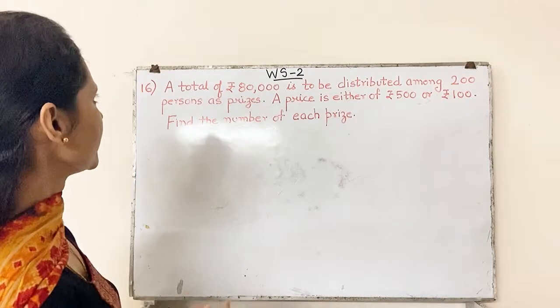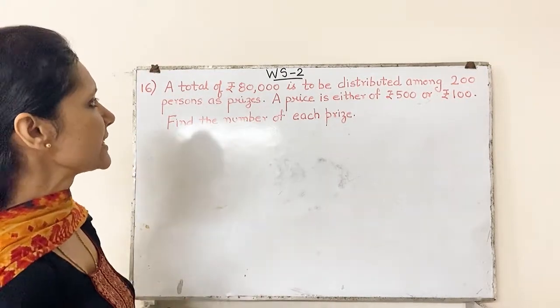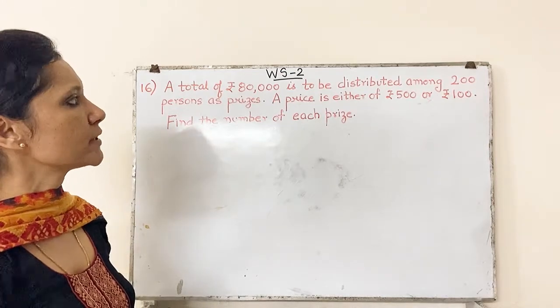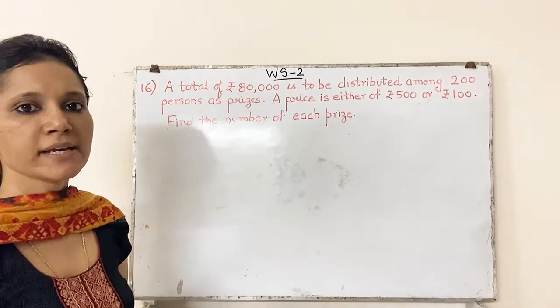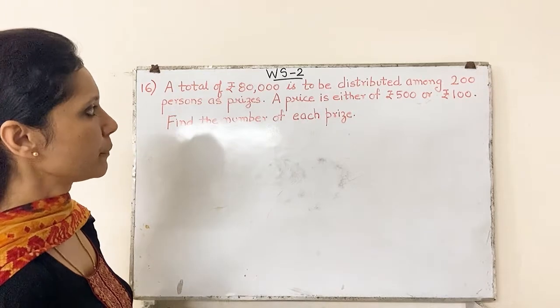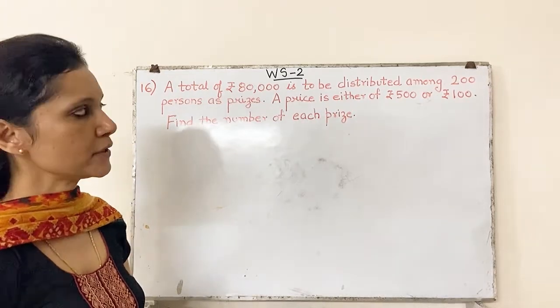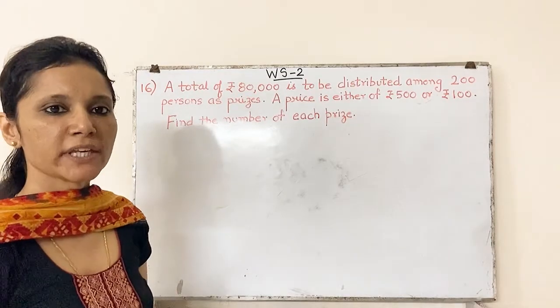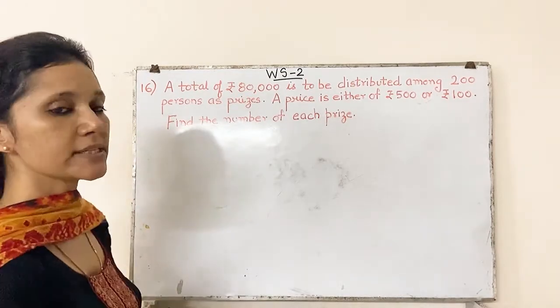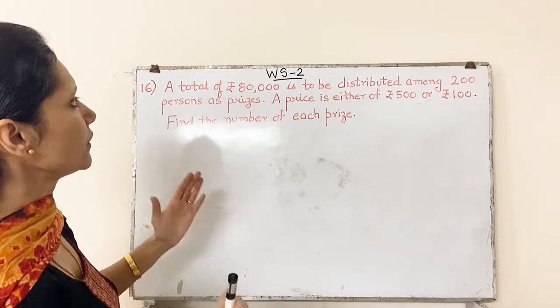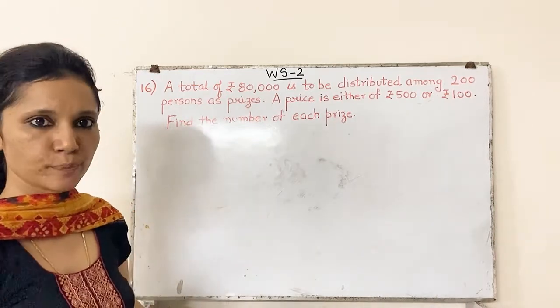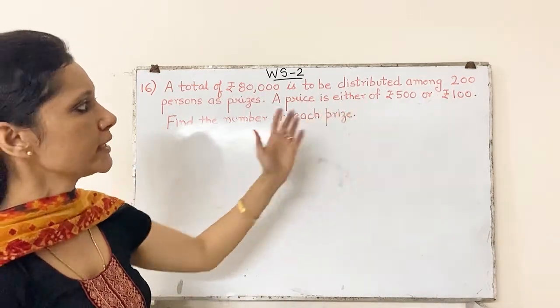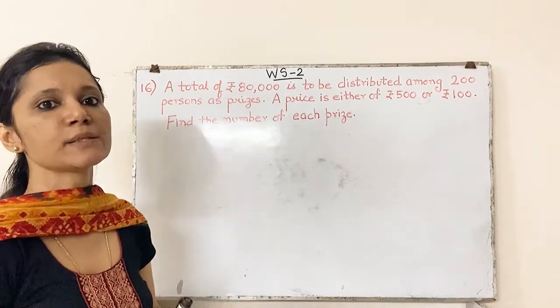According to the question, a total of rupees 80,000 is to be distributed among 200 persons as prizes. A prize is either of rupees 500 or rupees 100. Find the number of each prize. So what does the question say? They are saying that they have a total of 80,000 rupees that is to be distributed among 200 people as prizes.